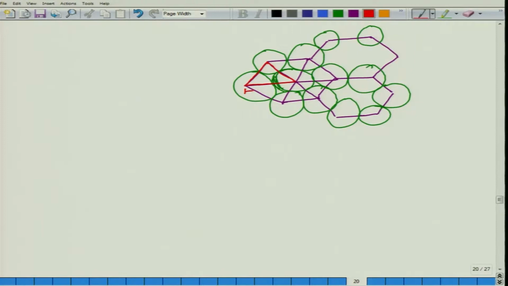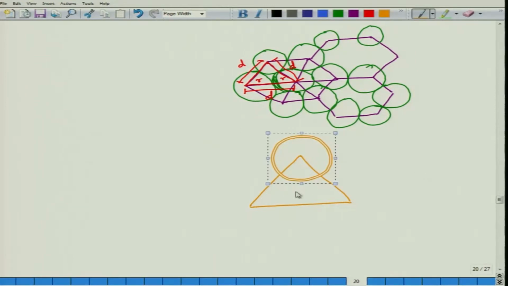Now, what is this length? Is again d, because it is r plus r. This length again is d, this length again is d. So, essentially what we have here is we have an equilateral triangle that has 3 canopies that are touching each other.